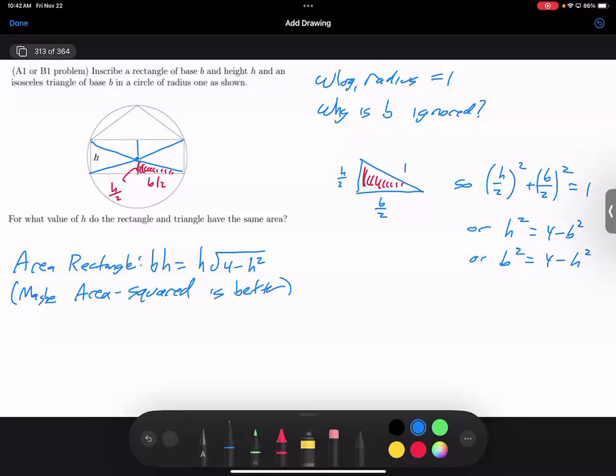I don't know if that's going to be the case, but the point of this class is to just talk about thought process. As soon as I see that square root, I don't think this is a problem where I'm going to have to use differential calculus, but if so, I would definitely not want to look at something like this with a square root. I'd want to square things. And so if I can show that the area squareds are the same, then the areas are the same. How do I calculate the area of the triangle?